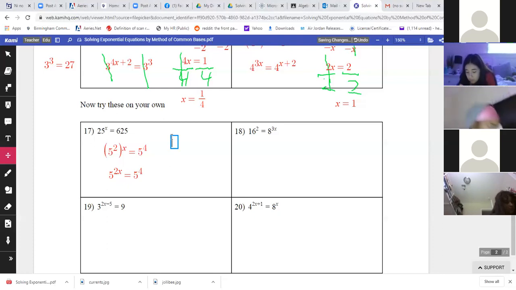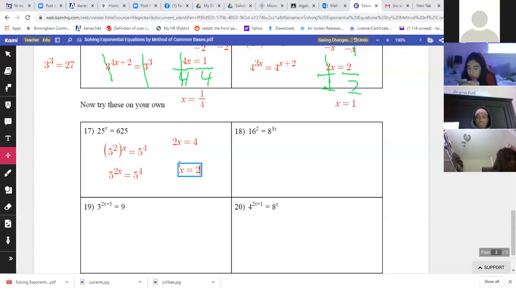Hopefully you got that 2x is equal to 4. If you divide both sides by 2, your final answer here should be x is equal to 2. Okay, so hopefully you guys got that one. That wasn't too bad if you look at the table and do everything with it.